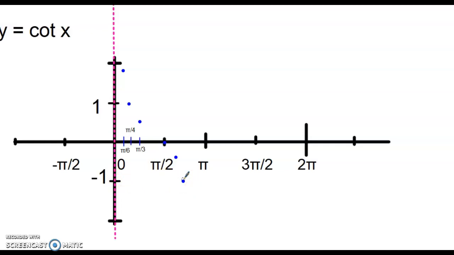And then cotangent of 150 degrees, or 5 pi over 6, would be a 1.7. So that's going to be about there. And then the cotangent of pi happens to be undefined.